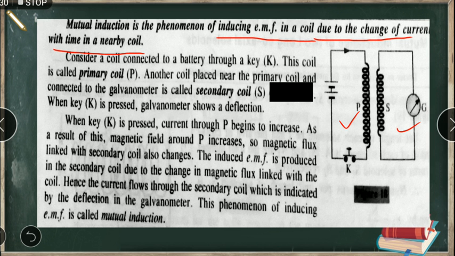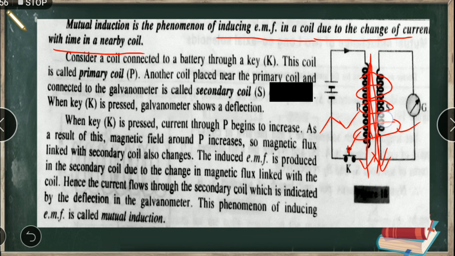What happens if I press this key? The circuit is closed. Current through P starts to increase, so the magnetic flux also increases and gets linked with the secondary coil.